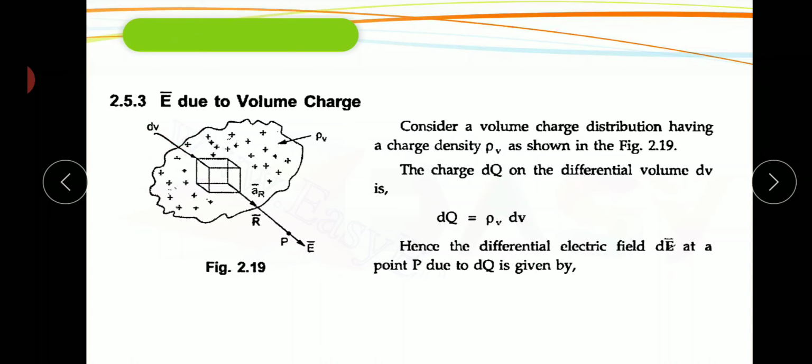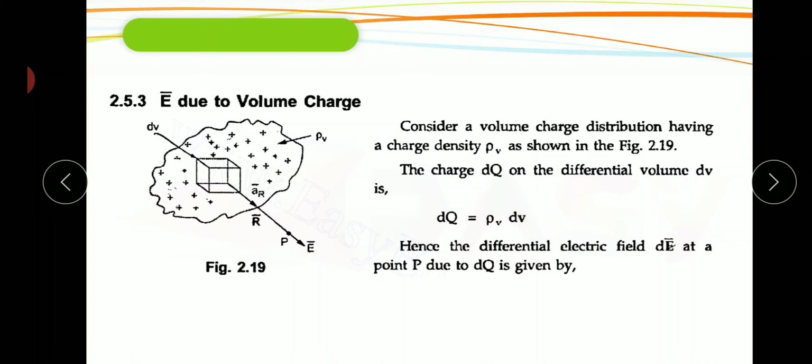Now the charge on this smallest differential volume is taken as dq, and rho v is the volume charge density. Volume charge density means charge per unit volume. So the charge dq on the differential volume dV is written as dq is equal to rho v dV.